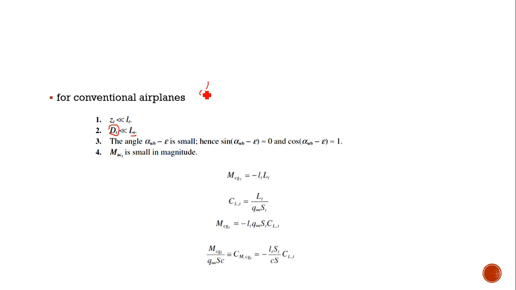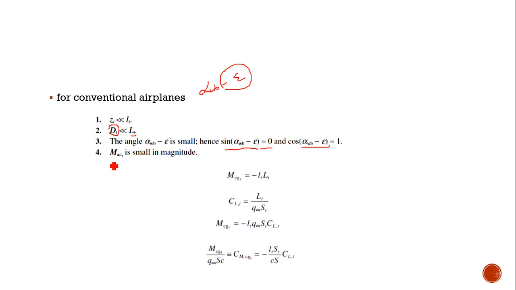Also, alpha WB is small, and here we are subtracting the downward angle from the wing body angle. So therefore the angle is very small, hence sin(alpha WB minus epsilon) is approximately 0, but cos(alpha WB minus epsilon) will be equal to 1.